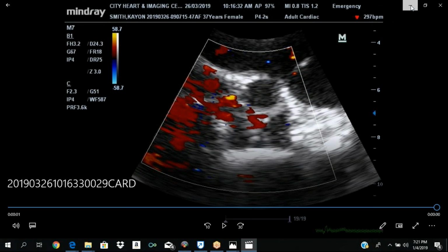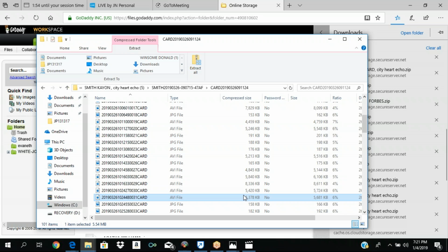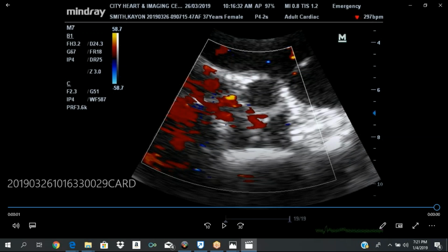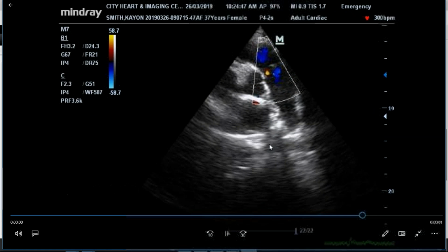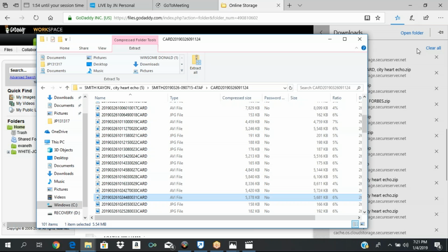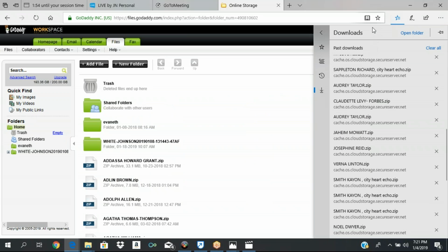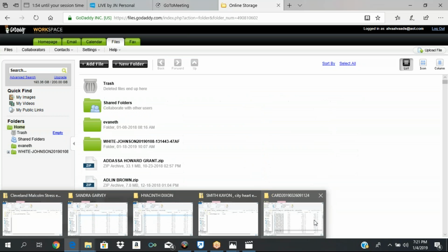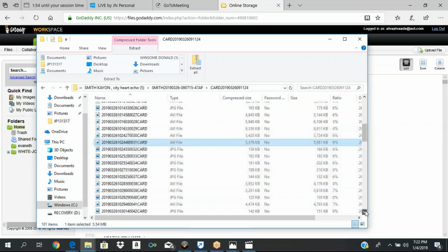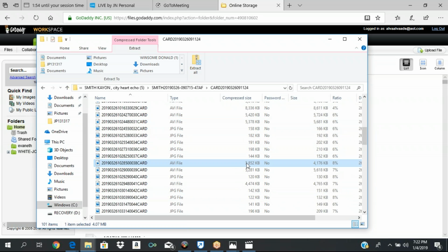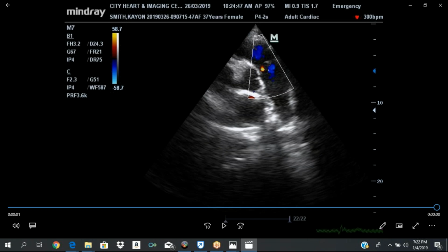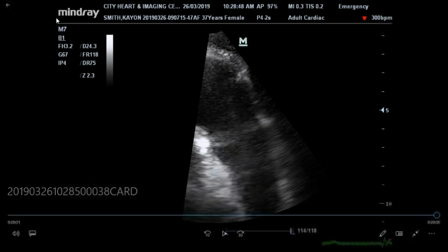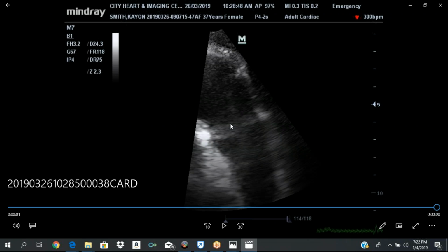Alright, so we're going to skip the Doppler. If you want to zoom in on the pulmonary trunk, then you can zoom in on it.